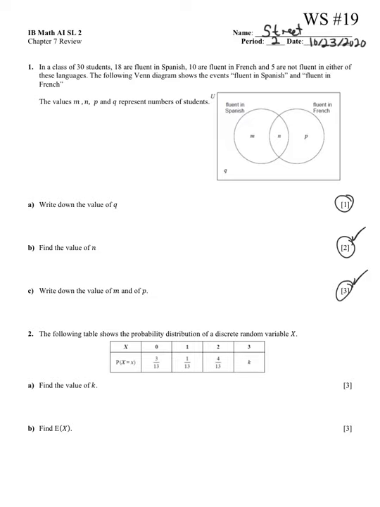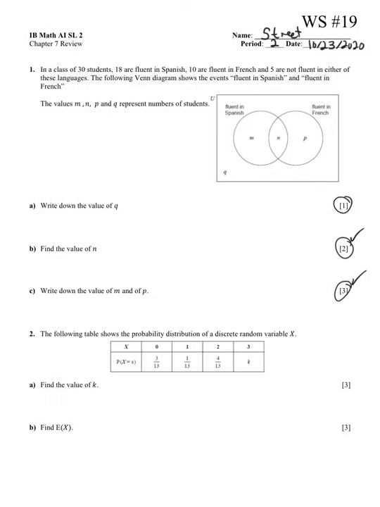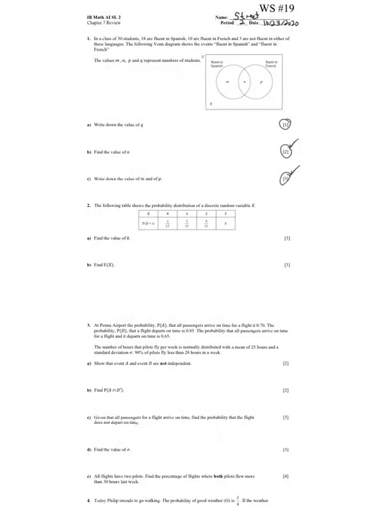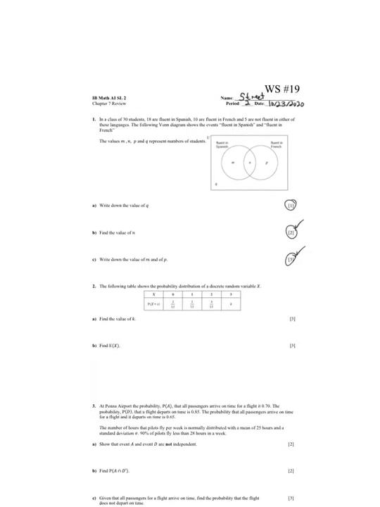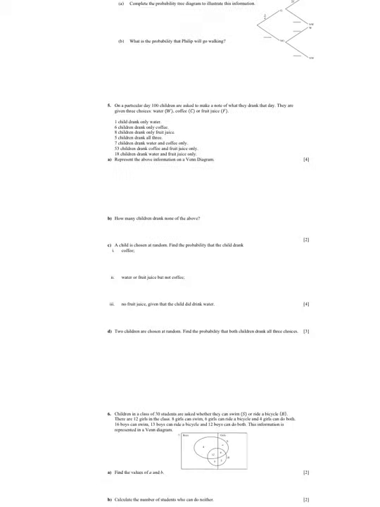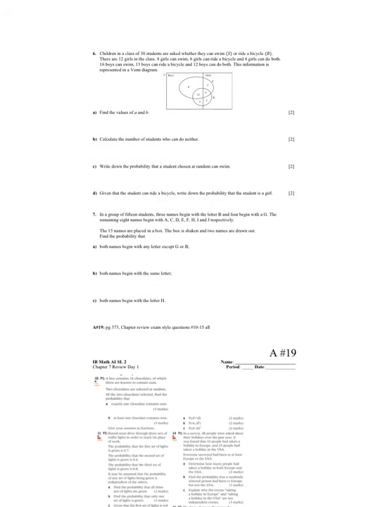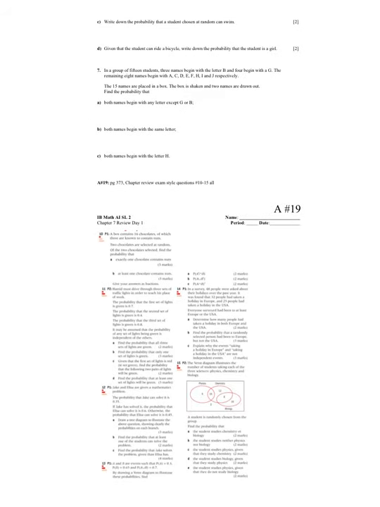All right. So we've got here on the review today, let's see, I think I had 6 or 7 problems from the IB exam. And then I did assignment 19 from your textbook.